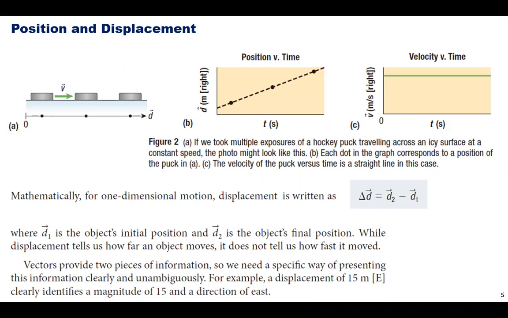Displacement tells us how far an object moves. It does not tell us how fast it moved. Vectors provide two pieces of information, so we need a specific way of presenting this information clearly and unambiguously. For example, a displacement of 15 meters east clearly identifies a magnitude of 15 and the direction of east.